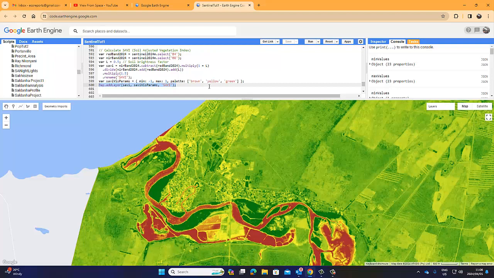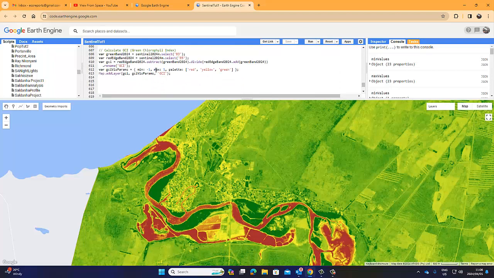Because we're not comparing visually, we're not comparing the two properly. This is called the soil adjusted vegetation index, NDVI evolved by using a more sophisticated formula.